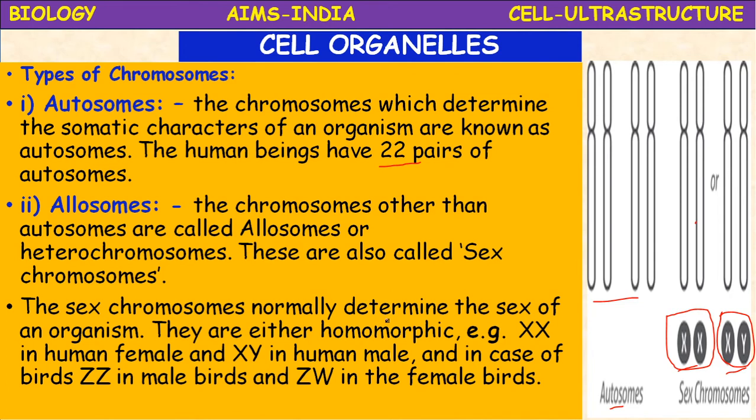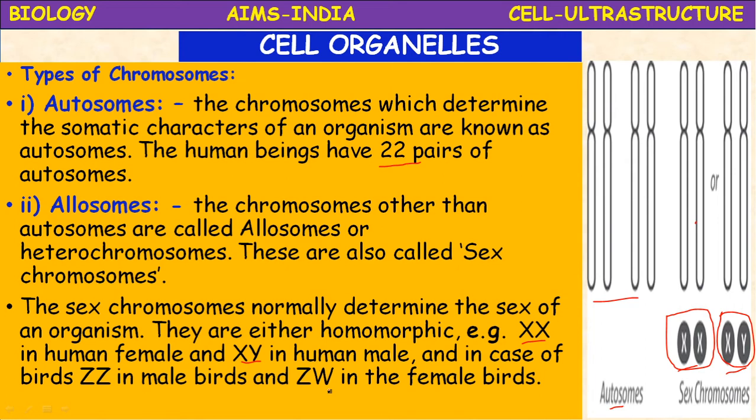They are either homomorphic, XX in a human female, and XY in the human male. In the case of birds, they are represented by Z, ZZ in male birds and ZW in female birds. You have to remember this.